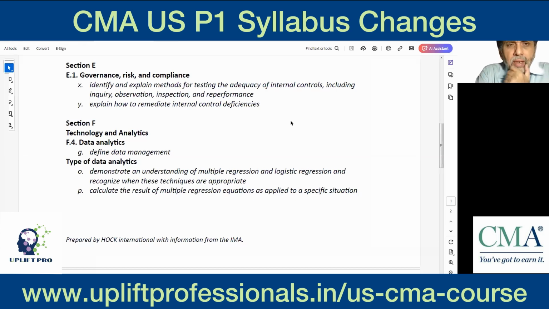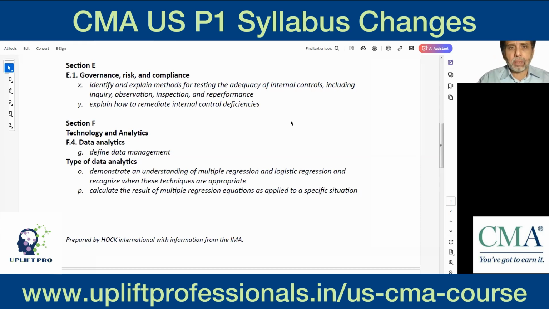Identifying the methods of testing adequacy of internal control was there to some extent in the old syllabus. The TDRA, top-down risk assessment, is one way of testing the adequacy of the internal controls, done by the external auditors. Here it's probably going to be a little deeper, and how to remediate or correct the internal control deficiencies was also given, but here it's going to be more in detail.